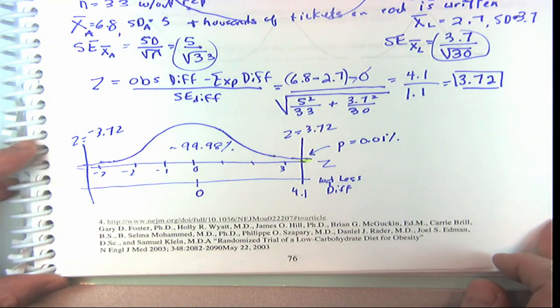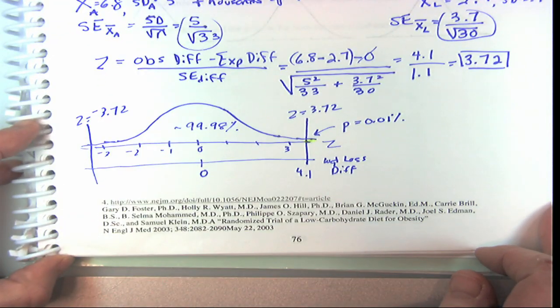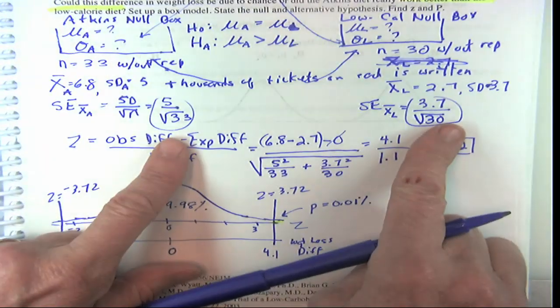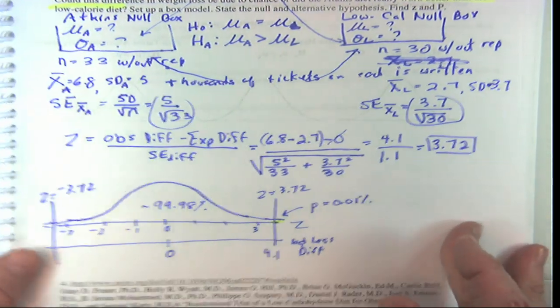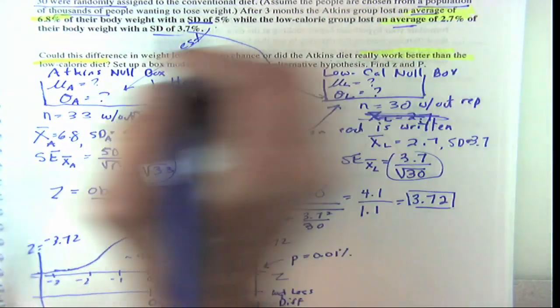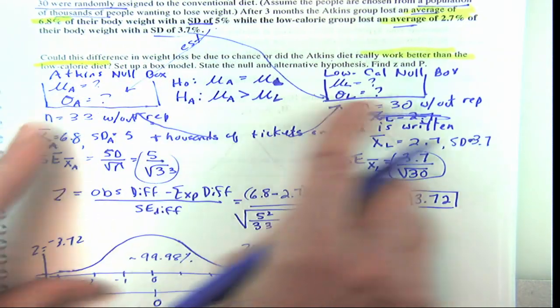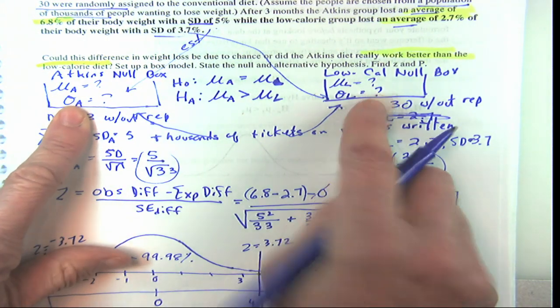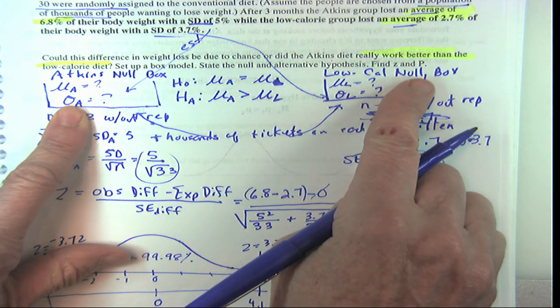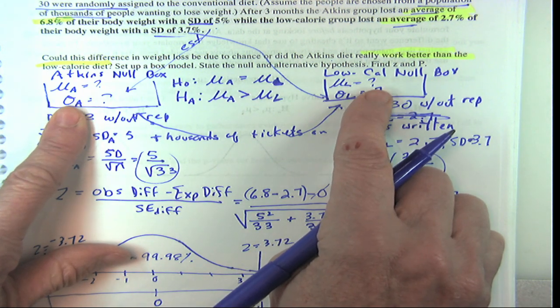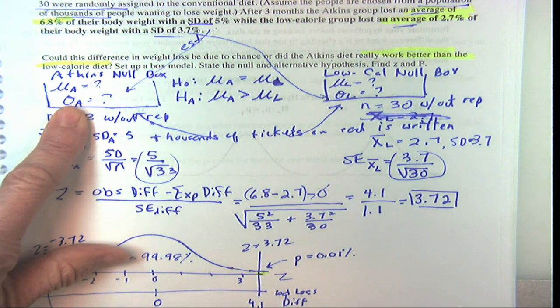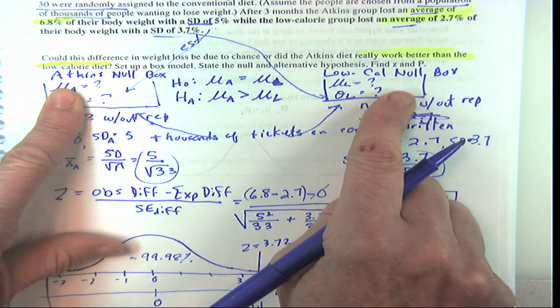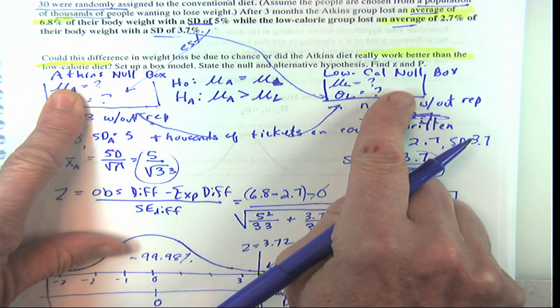So it's like a percentage. Are you supposed to multiply everything by 100 or no? The question here is, do I multiply everything by 100 because it's a percent? No, it's really not a percent. It's an average, because these numbers are not zeros and ones here. On each ticket is written how much of your body weight you've lost, a percent of your body weight. It's a better way to do it because 10% of your body weight, if you weigh only 100 pounds, is 10 pounds, whereas if you weigh 200 pounds, it's 20 pounds. So these are all different numbers. Percents are just like a label here, like your percent on an exam.